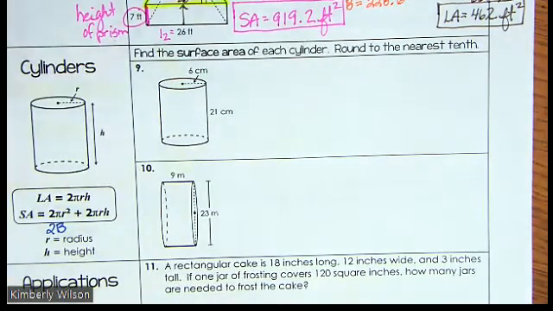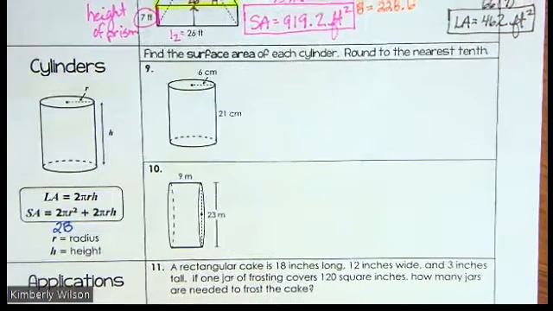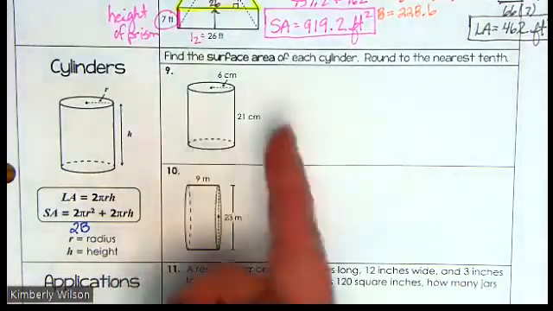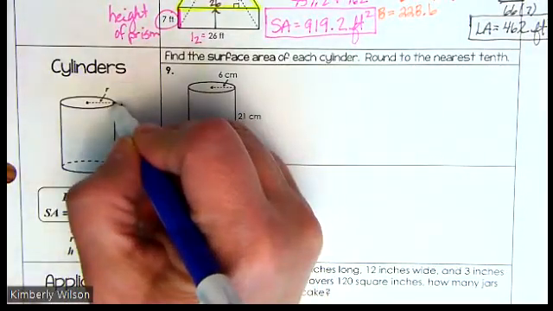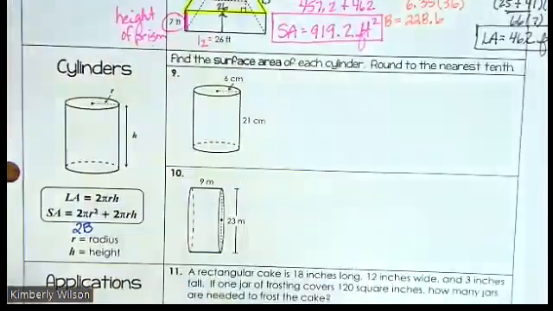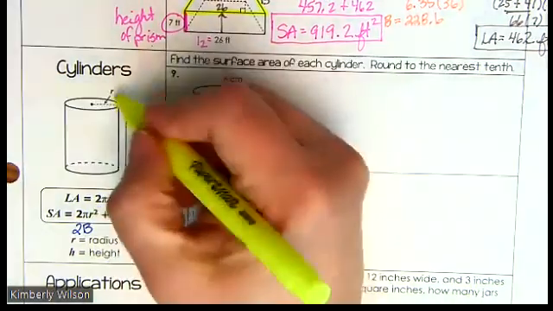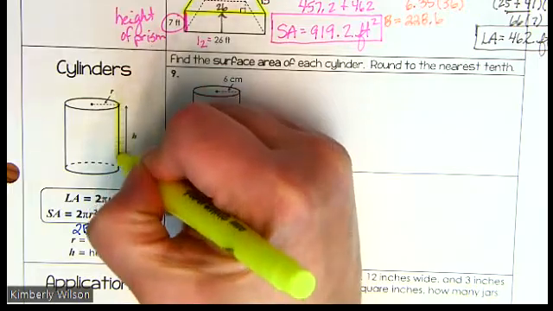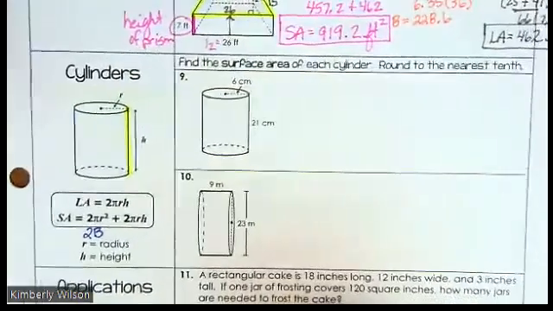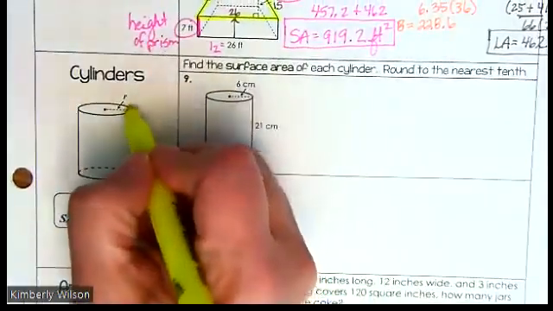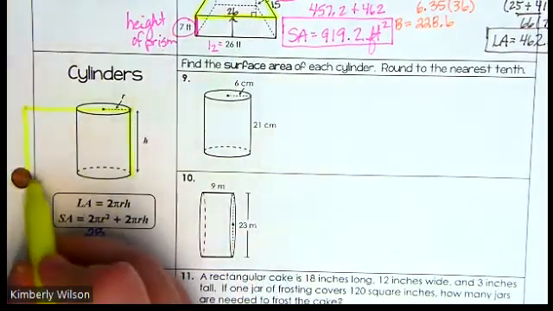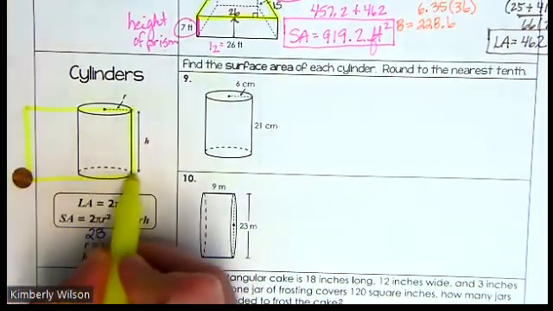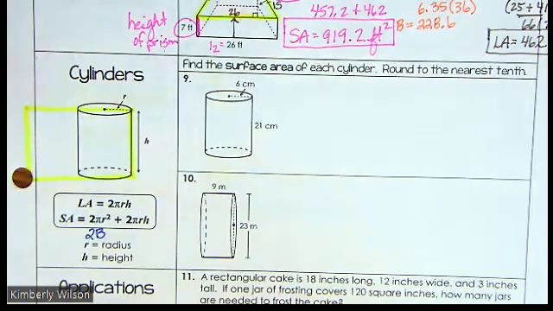Well, I've got to figure out around the circle, because if I took a pair of scissors and I cut right along here, and then I laid it flat. Well, that means it's going to create a rectangle when it lays flat.